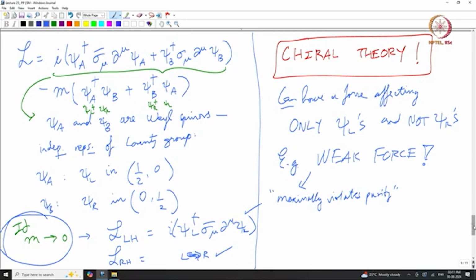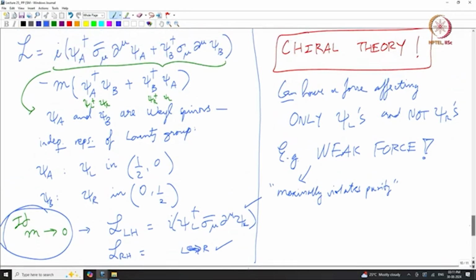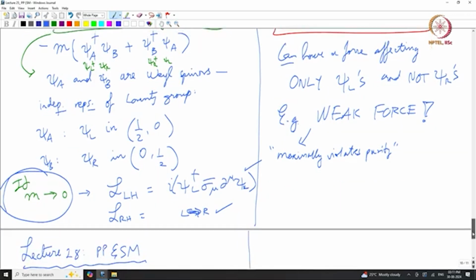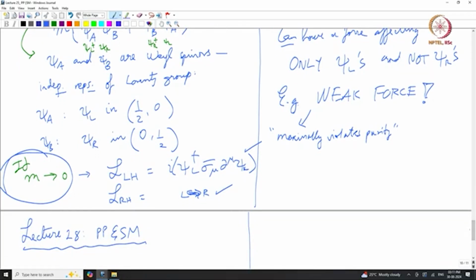And we saw that the weak force indeed is a chiral theory, and this is why it is totally fine to charge just the left handed spinors under some force that you want, in this case the SU(2) weak force, and leave the right handed spinors alone. That is exactly what nature has done, and that is how we can understand why or how parity is violated maximally by the weak force.